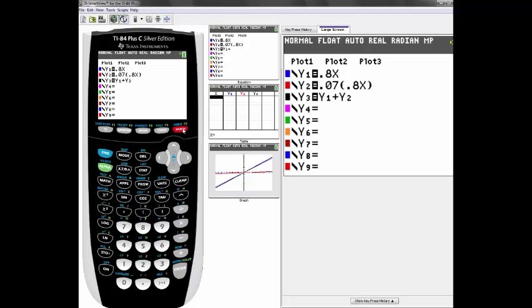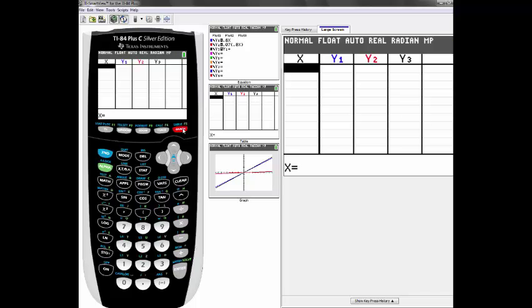So second graph, but we actually want that table function, and we're going to have to put in the x values. So the x value for the first one is 199.95, and you see how all my y sub 1, y sub 2, y sub 3 values just automatically pop up.